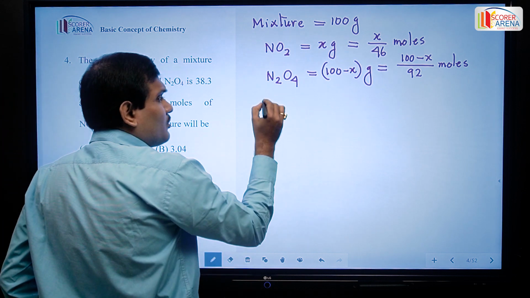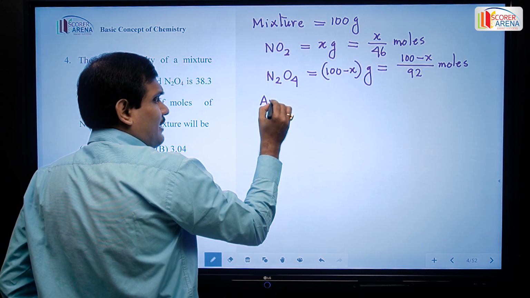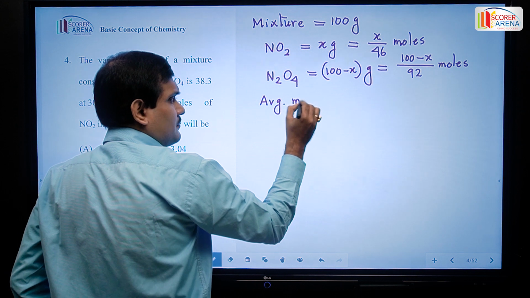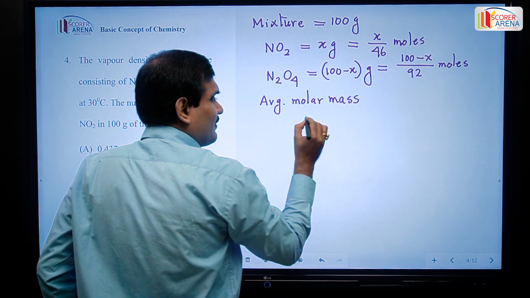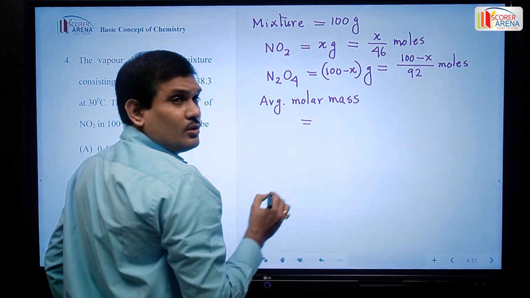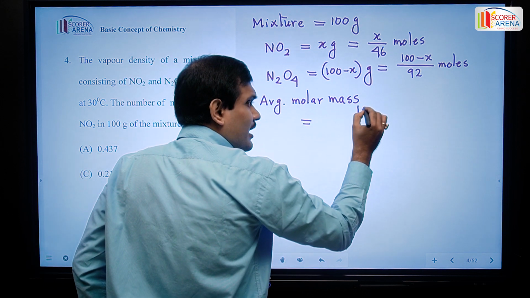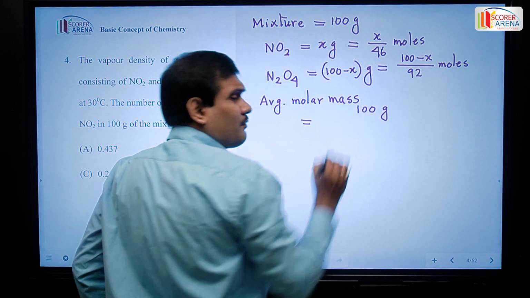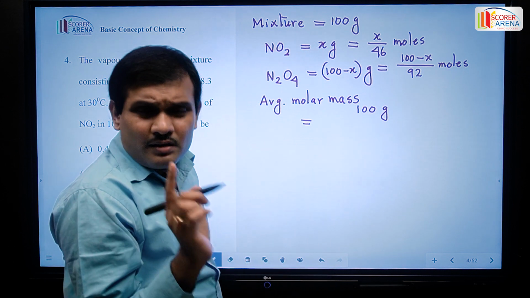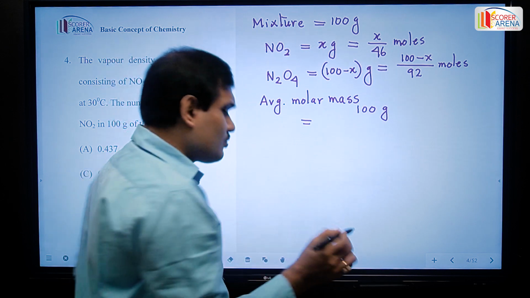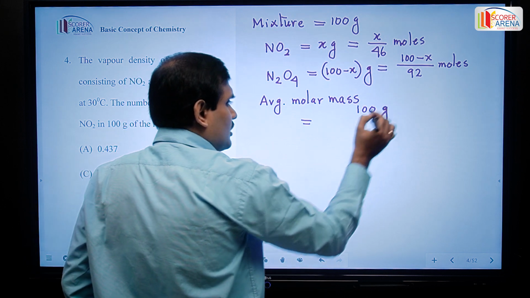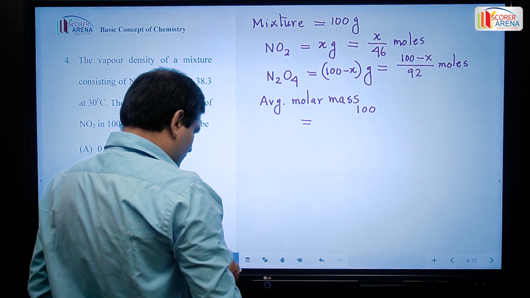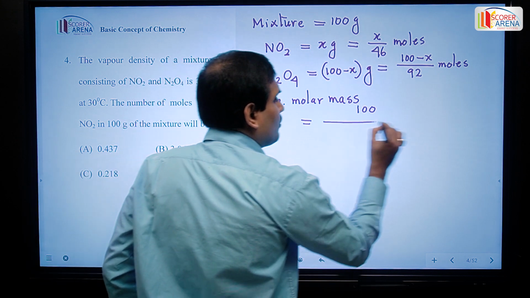So the average molar mass of the mixture will be equal to total mass by total number of moles. I am telling you from the beginning that the average molar mass is equal to total mass by total number of moles.